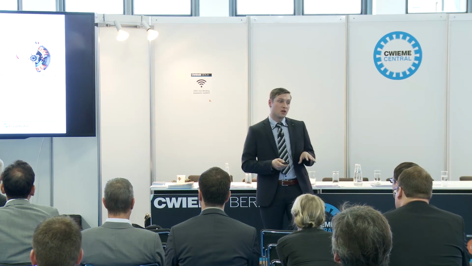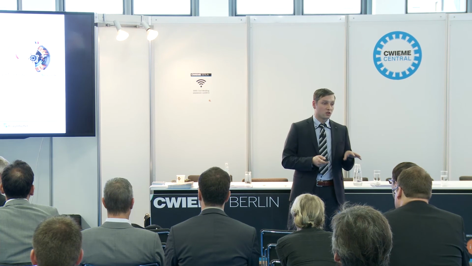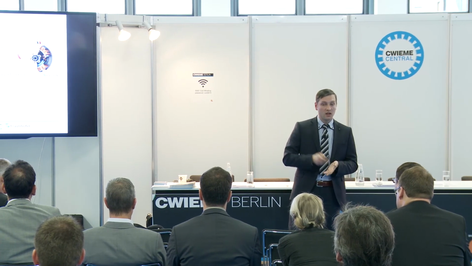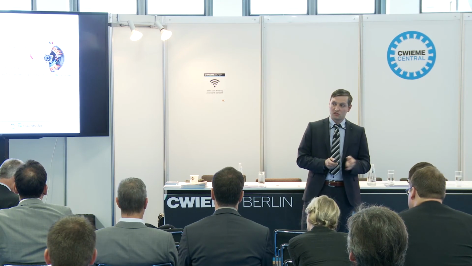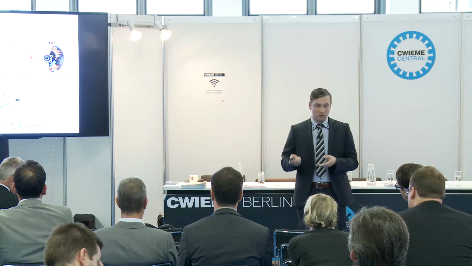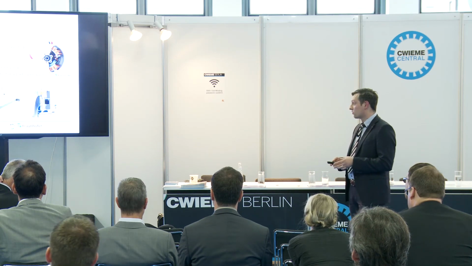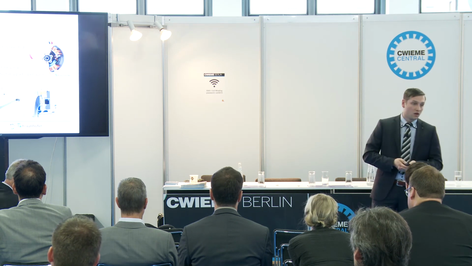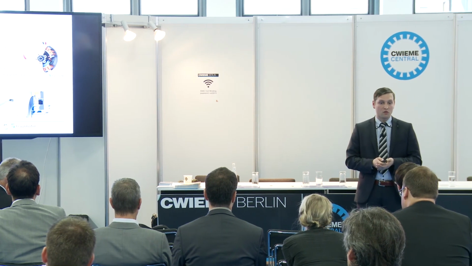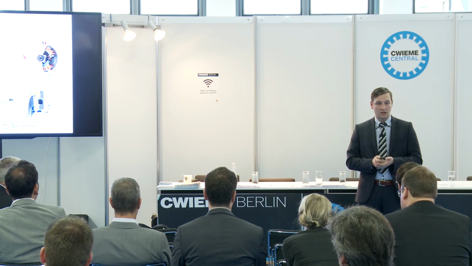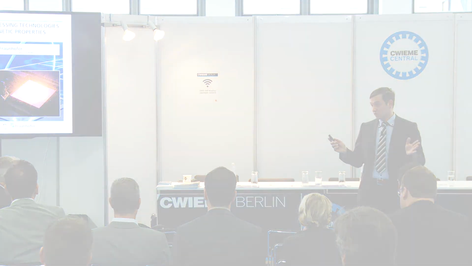The next step would be to improve conventionally cut stator laminations, and the third step will be to manufacture a stator with perfect magnetic properties. These laminations, of course, will be bonded, assembled, and tested at the Fraunhofer IFAM. So, thank you very much.